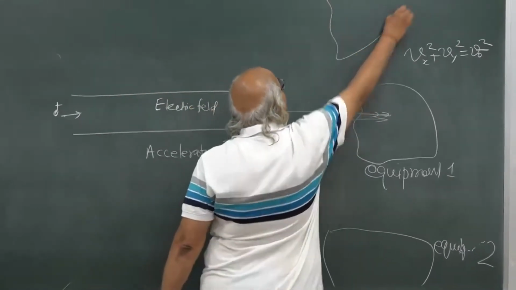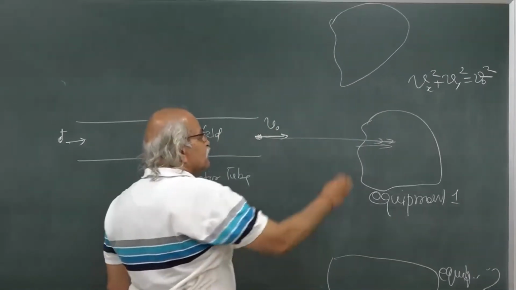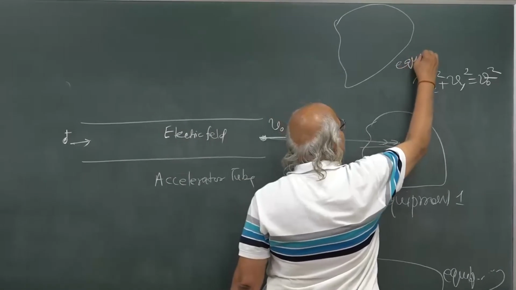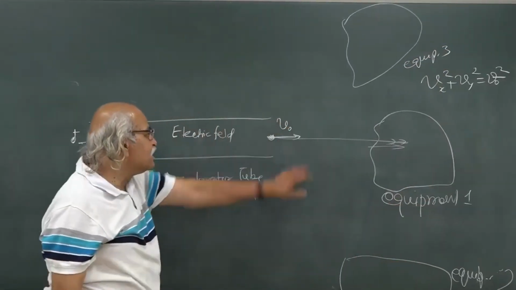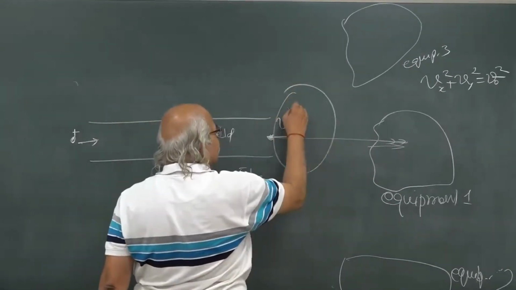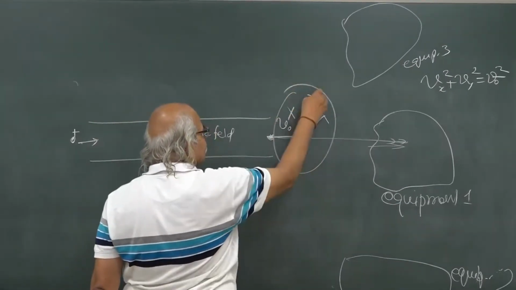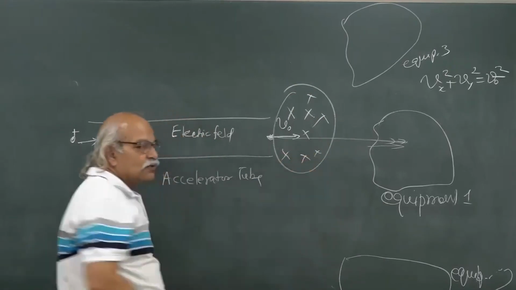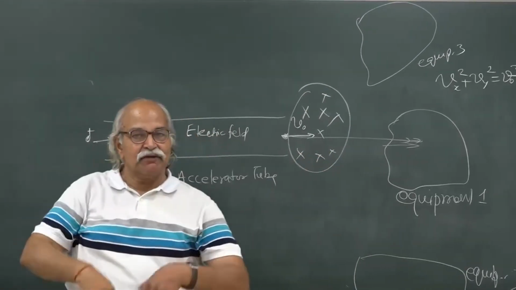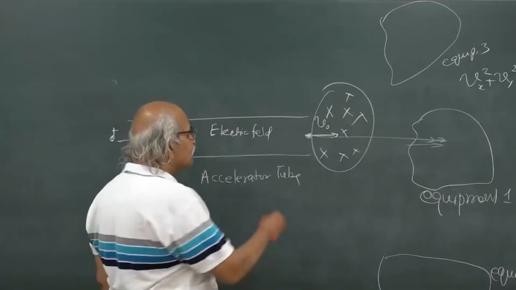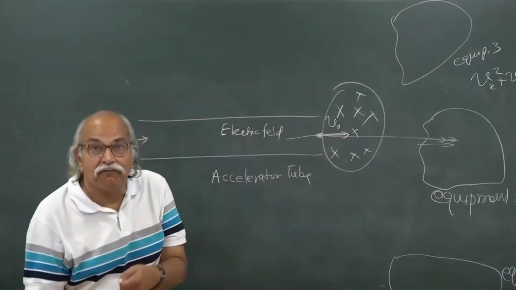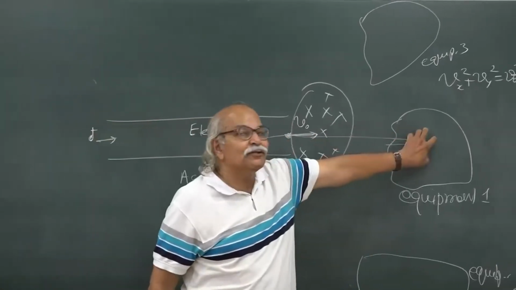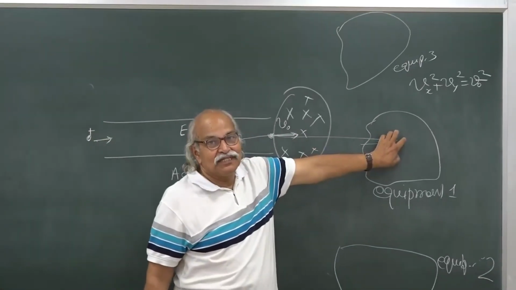Then for some third kind of experiment they put up equipment 3 here, and then here they will put a magnetic field. So, some kind of currents, and those currents will produce a magnetic field, and when the beam enters here, if the magnetic field is switched off, then it goes straight into this equipment.